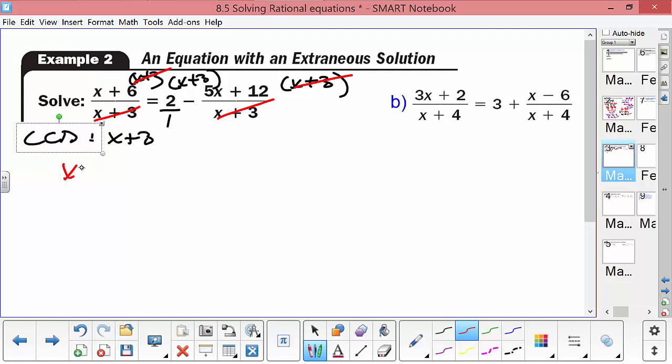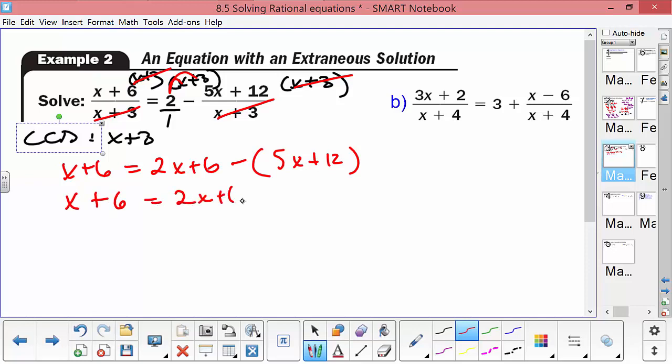We're left with x plus 6 is equal to 2x plus 6, which is distributing here, minus 5x plus 12. So we can simplify that, x plus 6, which is equal to 2x plus 6 minus 5x minus 12, because the negative distributes.